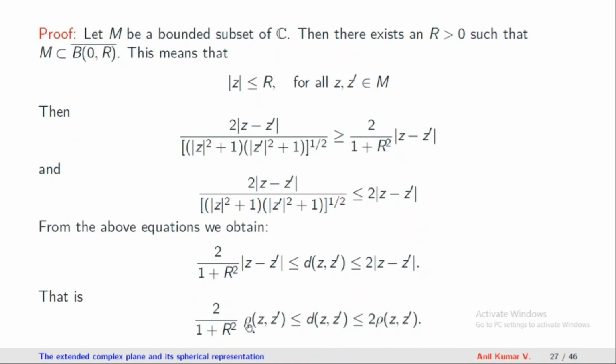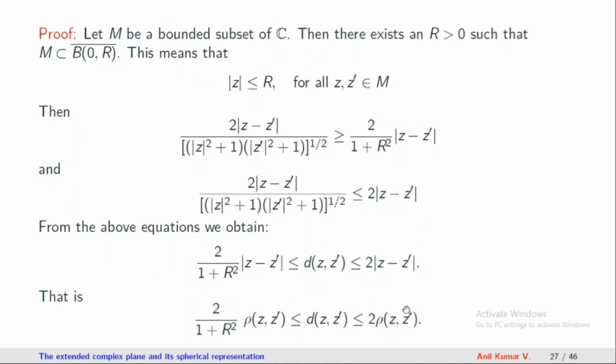That is, this is the distance rho of z, z prime, and this term is also rho of z and z prime. So 2 divided by 1 plus r square into rho of z, z prime is less than or equal to the distance between z and z prime, which is less than or equal to 2 times rho of z and z prime.